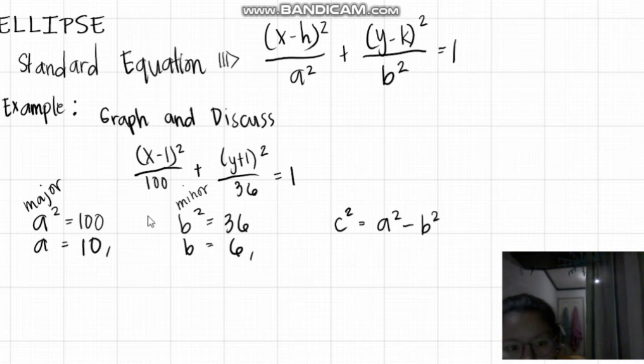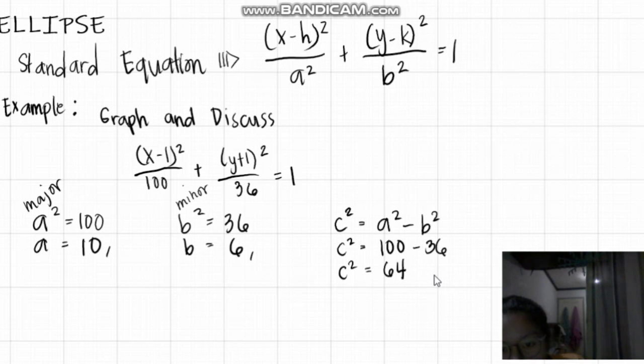So let's substitute: A squared is 100 and B squared is 36. You don't put 10 and 6, because what is written here is A squared and B squared. So C squared is equal to 100 minus 36, which is 64.